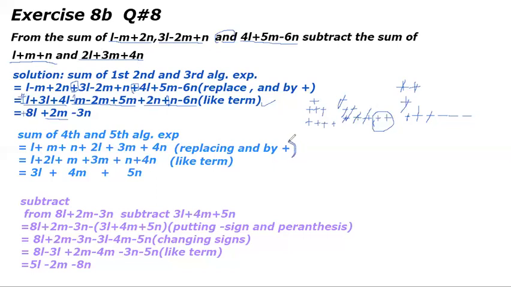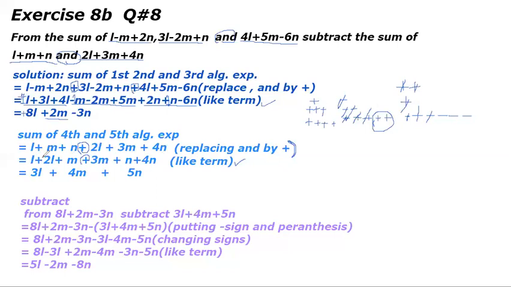Replace 'and' by a positive sign means I will replace this 'and' with this positive sign. And I have written both the algebraic expressions side by side in horizontal form. In the second step, I just collected the like terms.